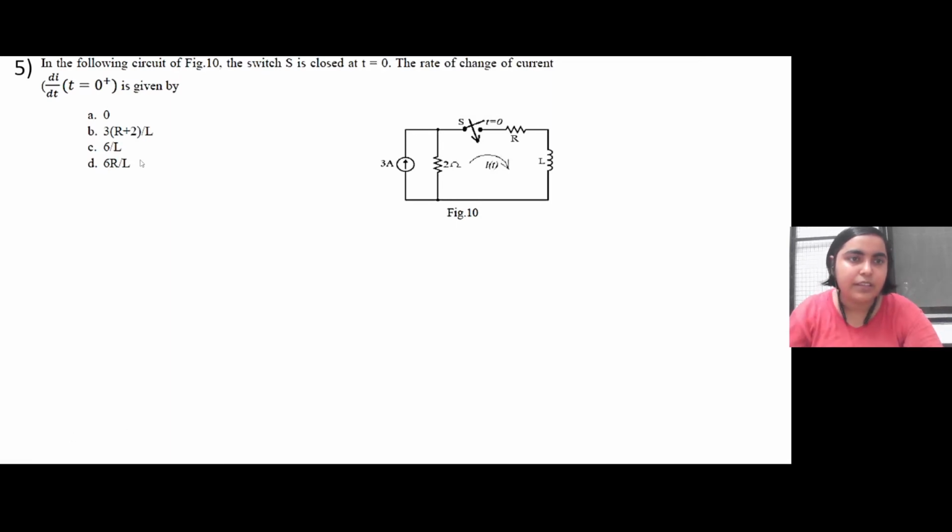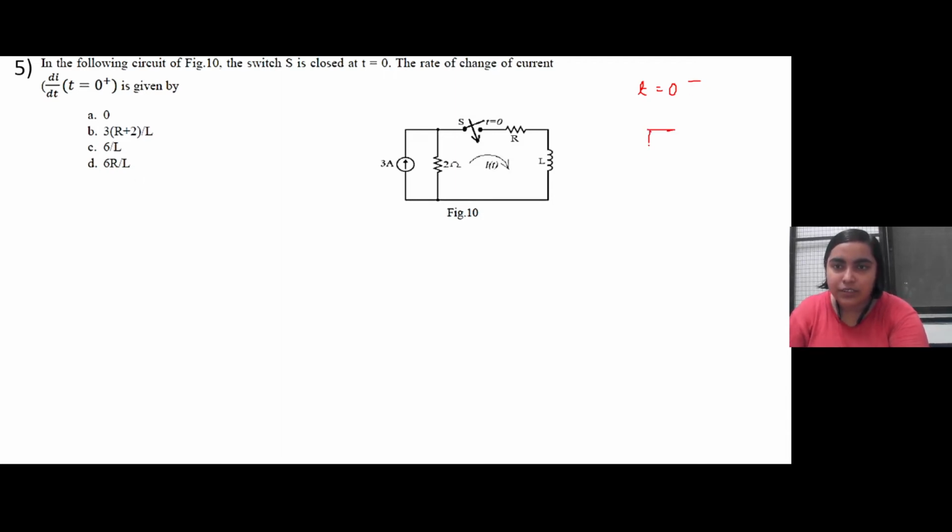Now for this particular question, it is given in this particular circuit, S is closed at time t equal to 0. The rate of change of current di by dt at time t equal to 0 plus is given by which of the options? Since we have done a similar problem like this, can you start solving this? So at time t equal to 0 minus, that is just before the closing of the switch, how was the circuit?